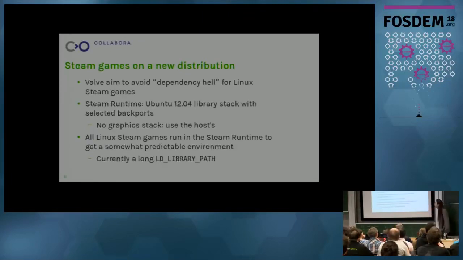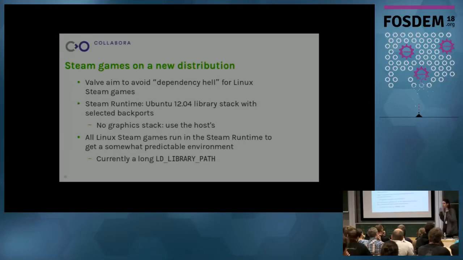In particular, Collabora has been doing some work recently with Valve on Steam, and they have this problem in a big way, because they distribute binary games, which ideally the publisher doesn't want to touch once they've got them to an acceptable quality.